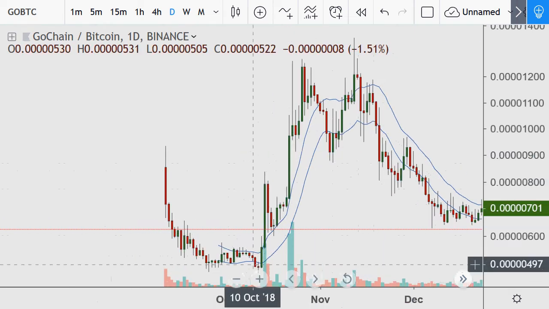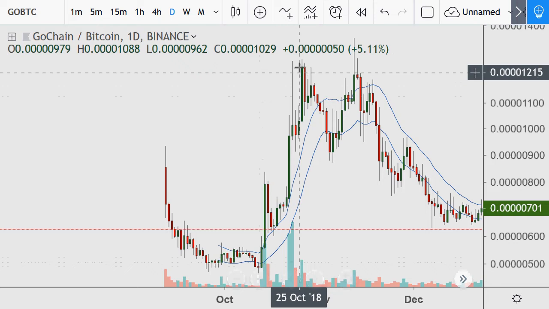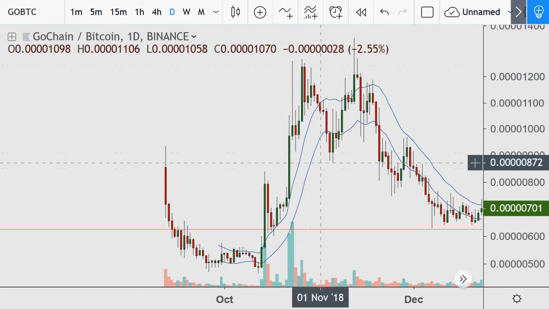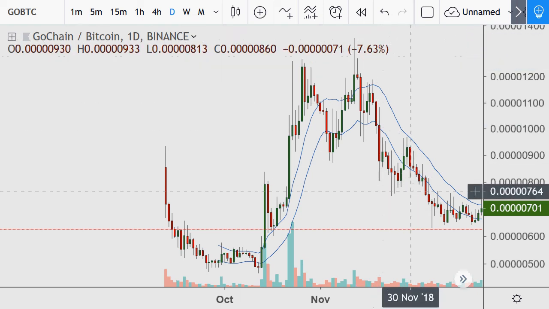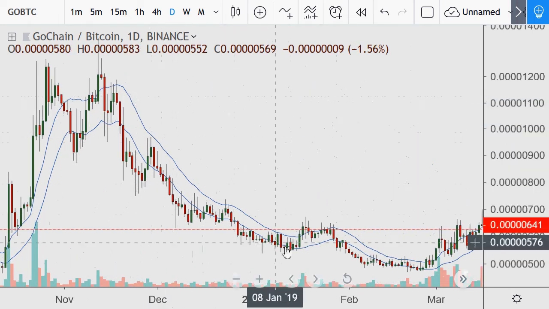No. Its original move back in October of 18, well, this was a good move. It really did go 492 to 1245, but then back down to 872, and then up to 1336, down to 760, up to 950, and then this whole low volatile period.